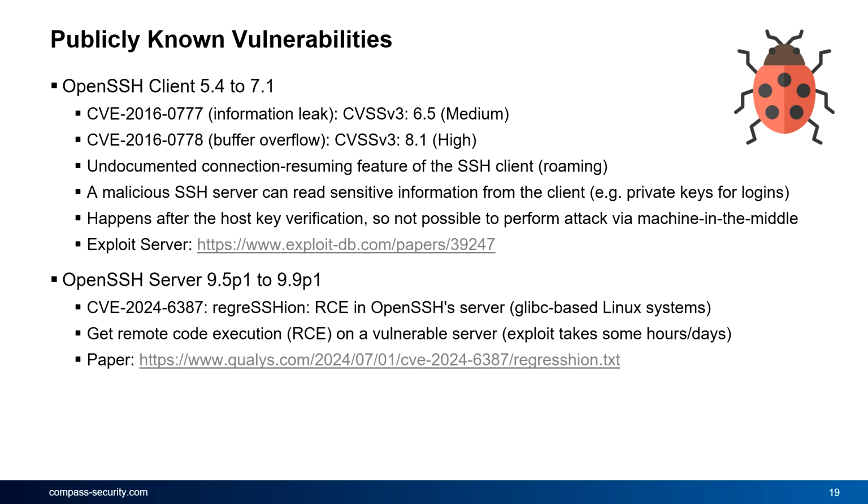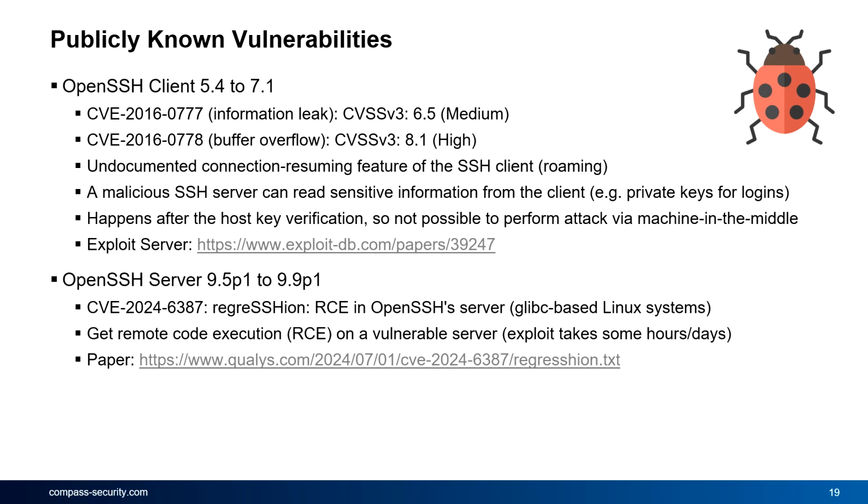In 2024, the regreSSHion vulnerability was disclosed by Qualys, and this is a remote code execution in the OpenSSH server implementation, and this basically allows an attacker without any credentials on the server to execute code as root remotely on these vulnerable servers.